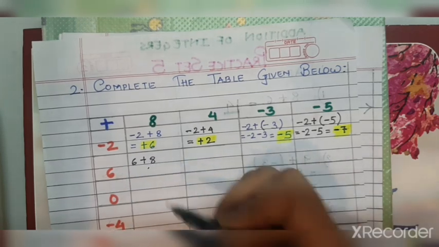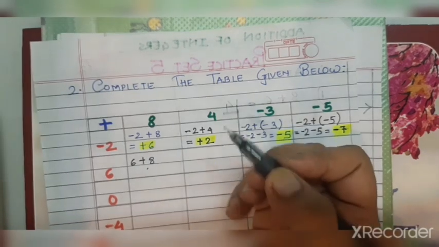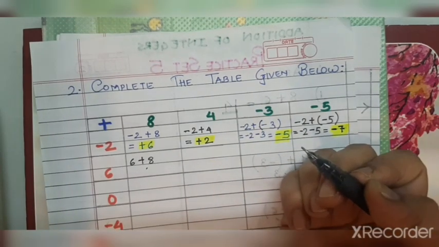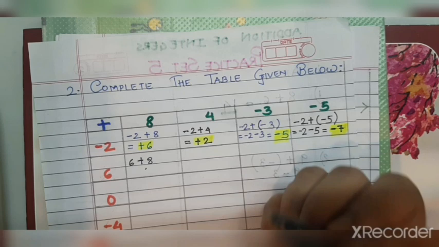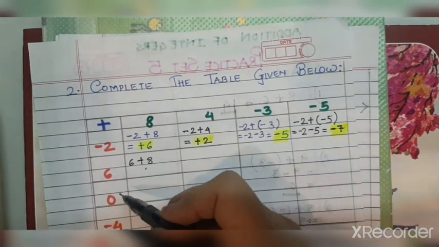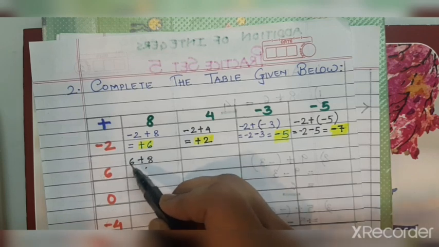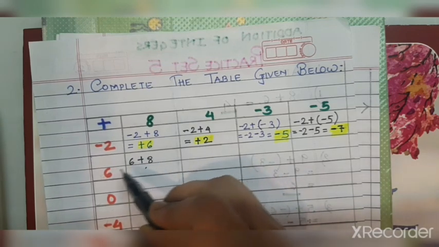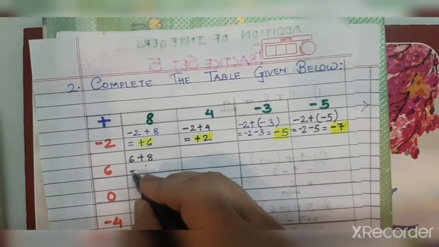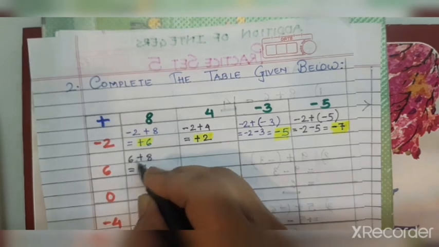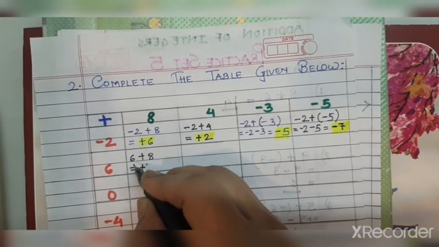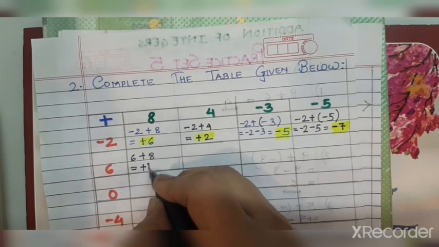This is actually a very simple calculation, but still using those two statements I explained, I will show you how to use them here. No sign means positive. So both the signs are same, so write the same sign and add. So 8 plus 6, 14.